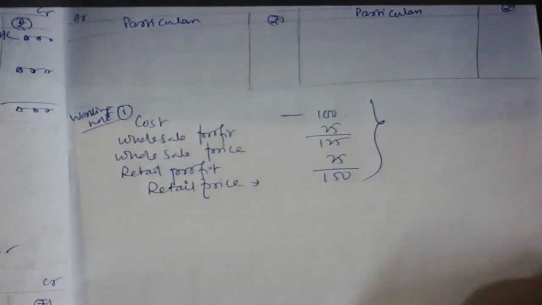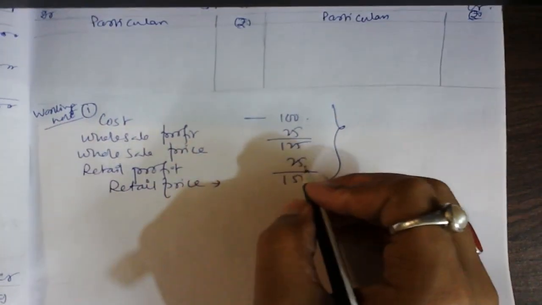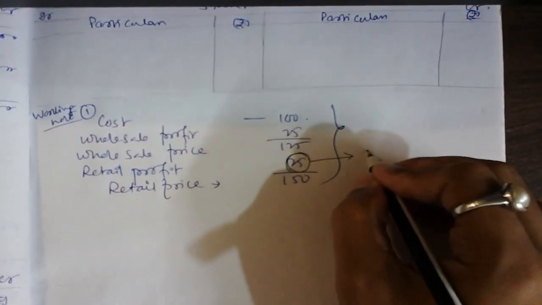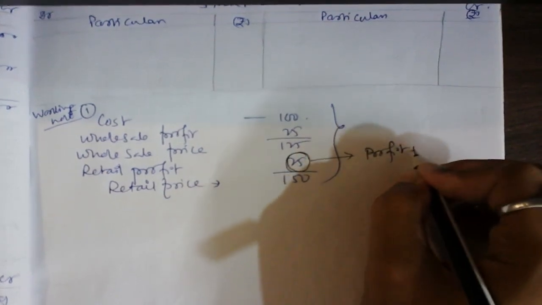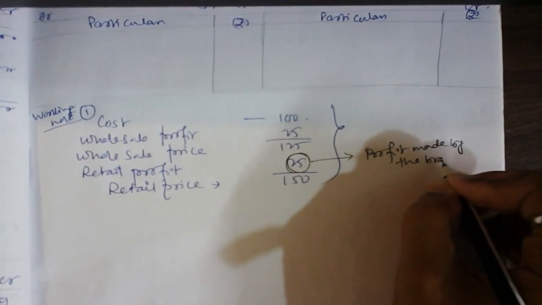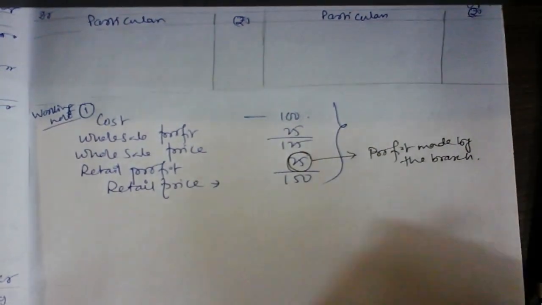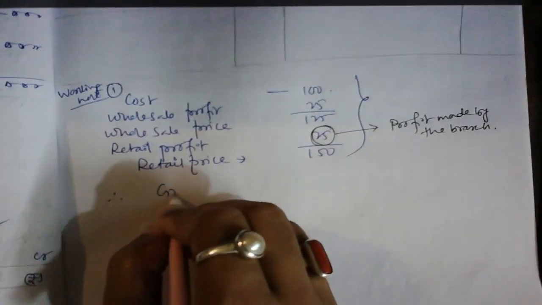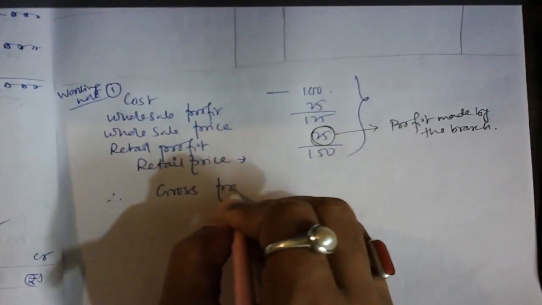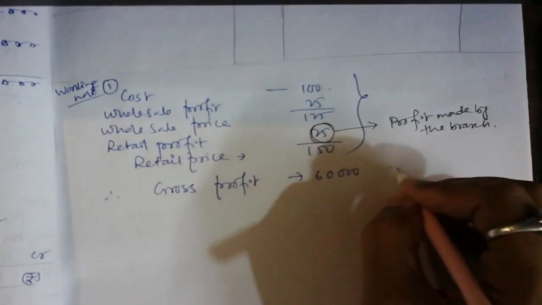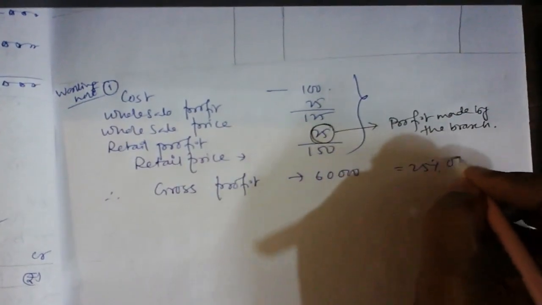So can you see, this profit is nothing but the profit made by the branch. Now this 60,000, that is the gross profit, is equivalent to 25% of the wholesale price.